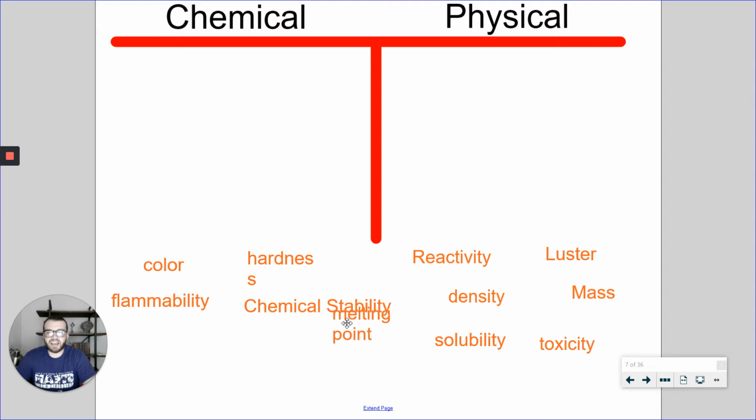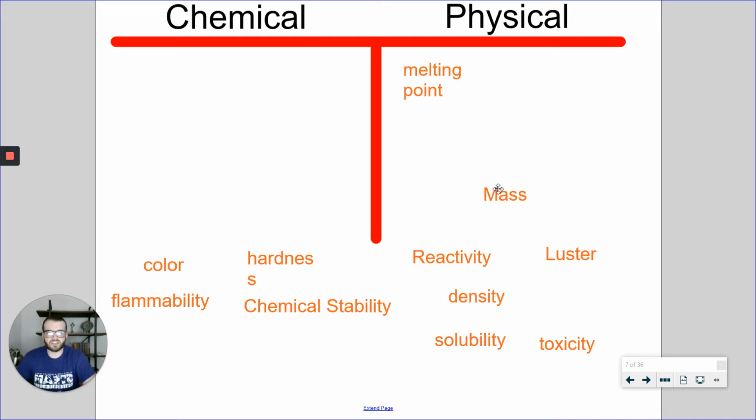So, can I observe melting point without changing the substance? Well, if I melt a block of ice, that's water, right? That's frozen. And if I change it to a liquid form, it's still water. So melting point would be a physical property because the thing is still staying the same. It's still water.